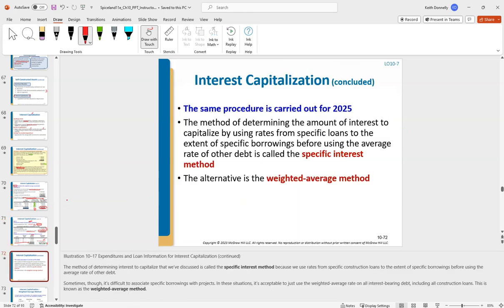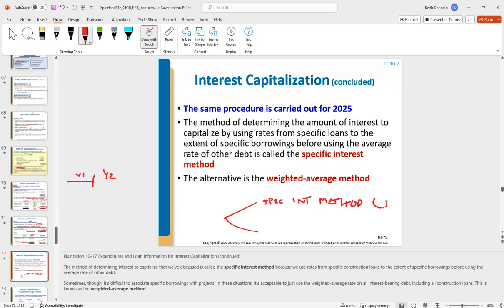That was the year 1 analysis. You would do the same thing in year 2. And if we look at it in this framework when we're talking about capitalizing interest, they really give you two different methods here. One is the specific interest method.